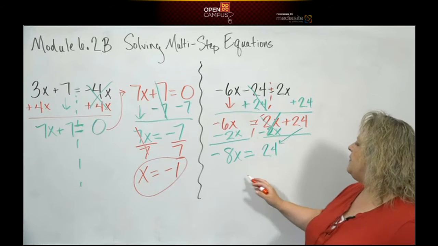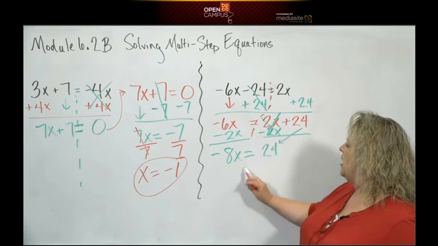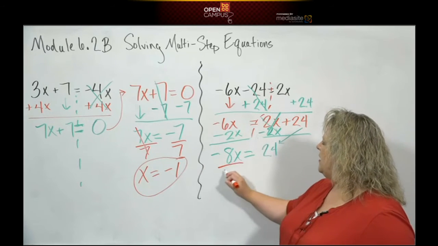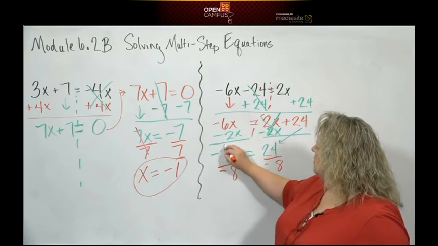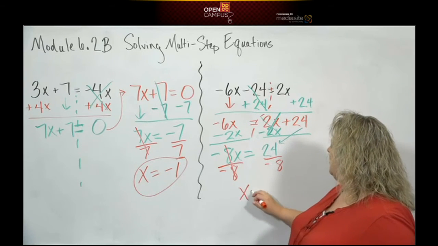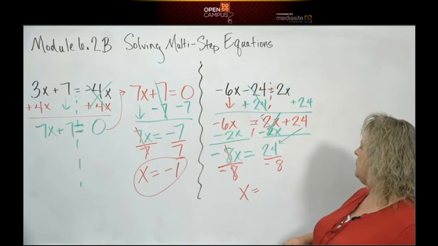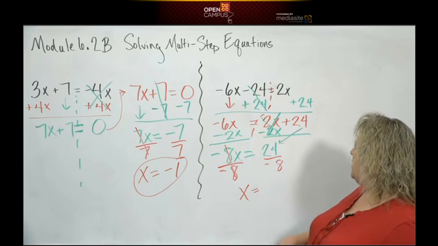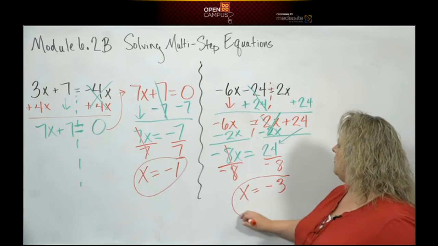So then, like this one, I'm down to my last step. Over here I did division with 7. Over here I'm going to do division with negative 8 because that's what I have left. So when I divide, I get x over there on that side because any number divided by itself is 1. 24 divided by negative 8. That would be a 3, and it's negative.